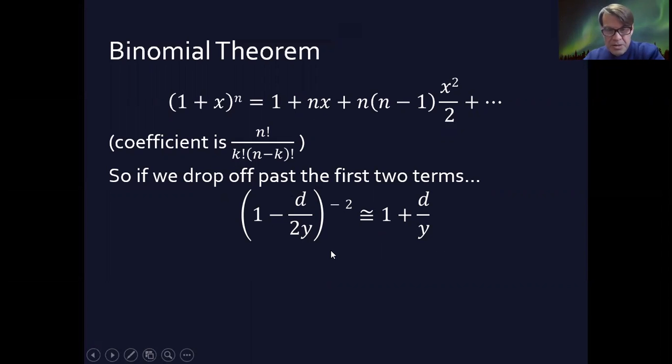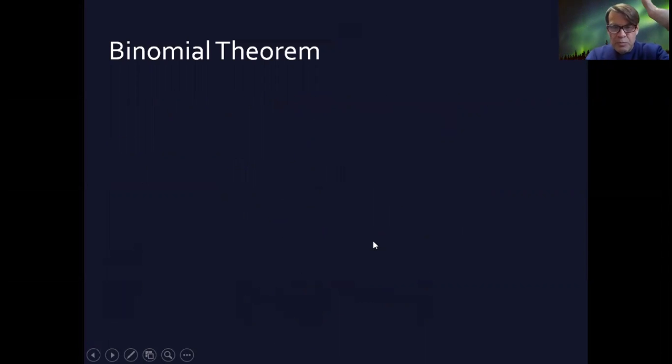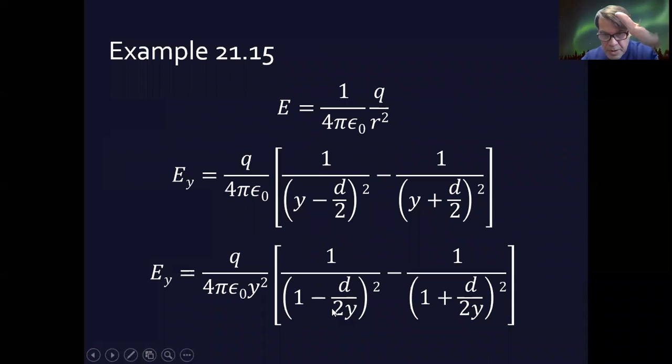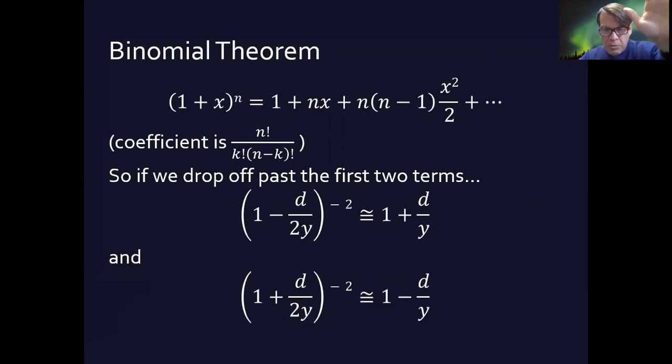Now that is, reminding you, the first bit. Now what about the second bit? Well, let's do the second bit. If we do the same thing with the second bit, we end up with the same thing, but here the -2, the 2's cancel out, but it's negative times a positive, which is a negative. So this is what we end up with in terms of the binomial expansion.